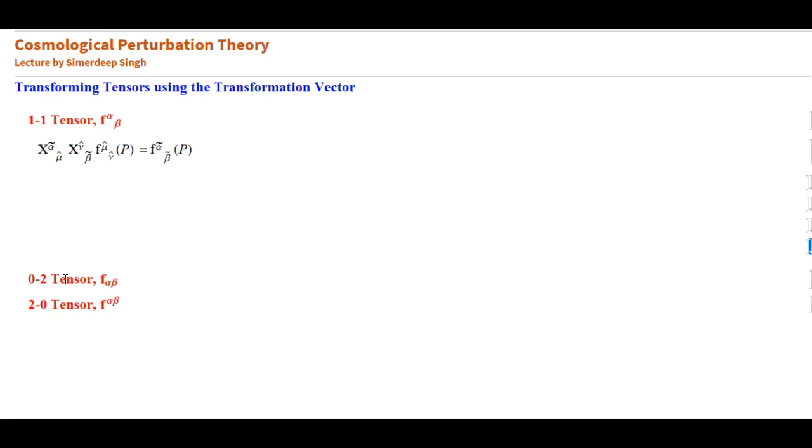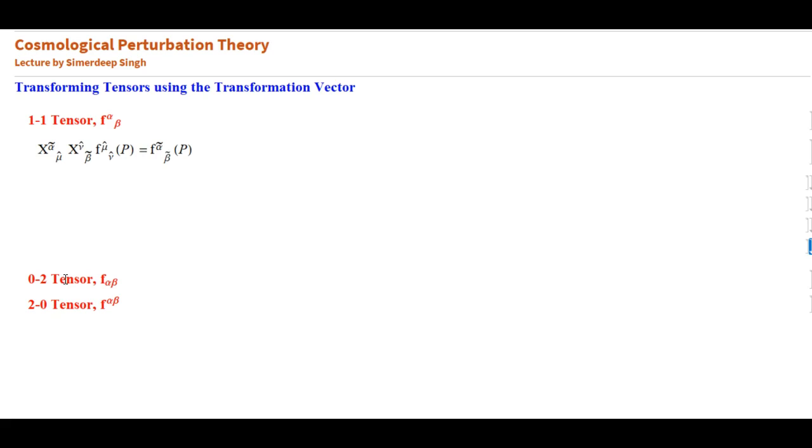That is what we saw in the last video: you can transform a vector quantity at one given point and express that transformation in terms of the transformation vector.